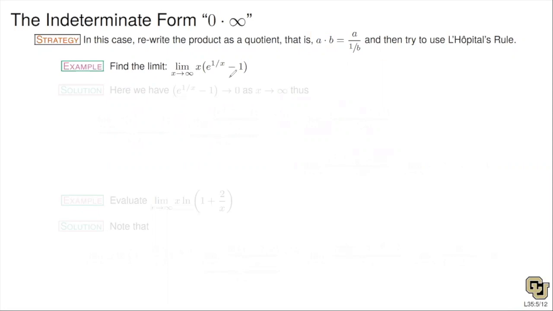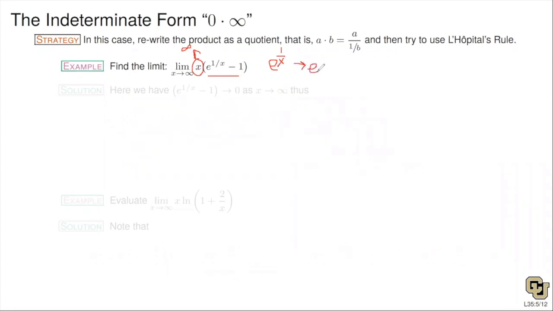So here's a limit, x goes to infinity. We do this piece by piece. First you should recognize this is a product. So here the first term in the product goes to infinity. For e to the 1 over x minus 1, do it piece by piece. So remember, I have e to the 1 over x. As x goes to infinity, 1 over x goes to 0.